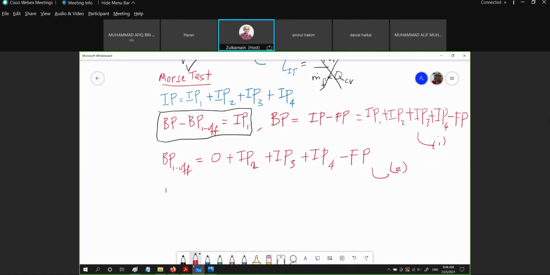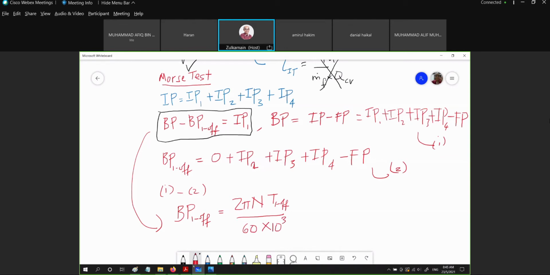Jadi equation 1 minus equation 2 kita akan dapati this formula. Okay, dapat this formula. So what is BP1 off? Kita sini BP dah ada kan? So maknanya kita kena kira lah BP1 off equal to 2 pi n T apabila number 1 off, divided by 60 1000. 60 ni nak tukarkan RPM kepada RPS.